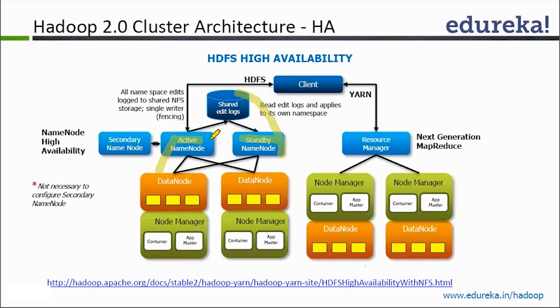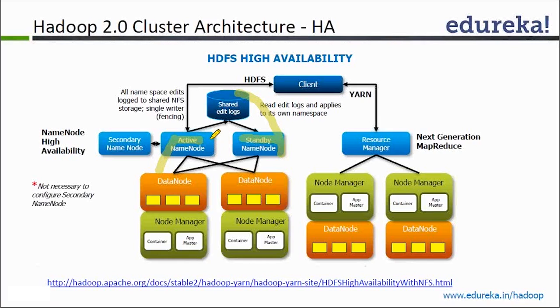Now, since you have this active and standby mechanism in the Hadoop 2.0 architecture, having the secondary name node becomes optional. If you want much more reliability, you have the active name node and the standby name node. If there is any failure on the active name node, the standby name node will take over.